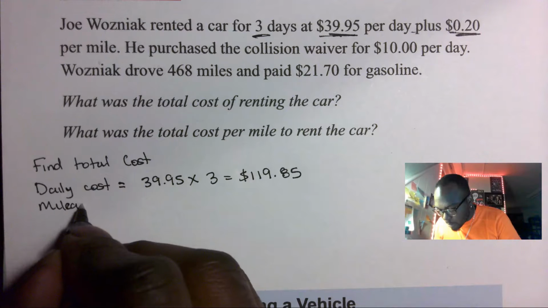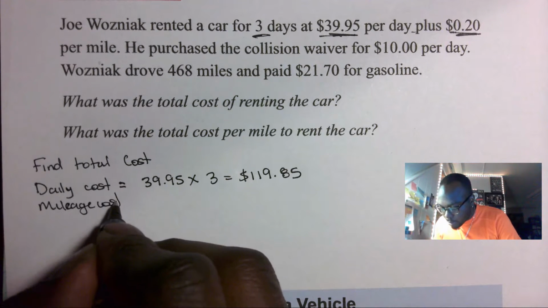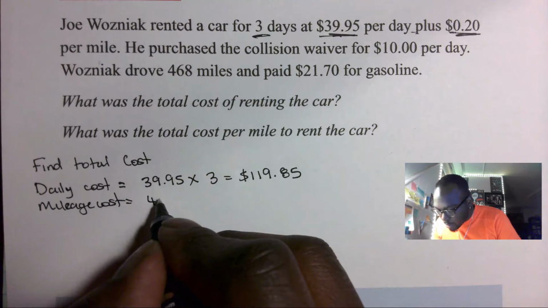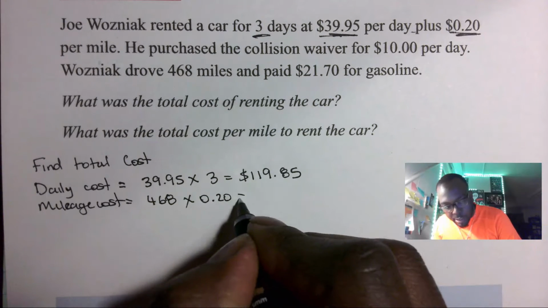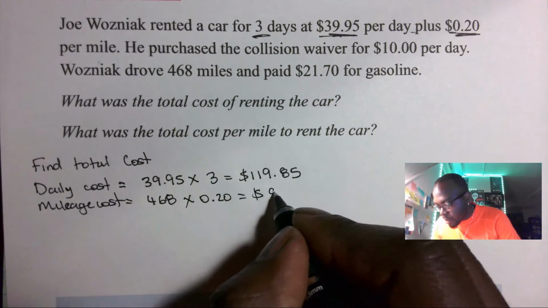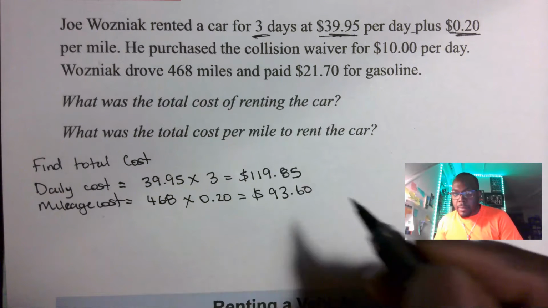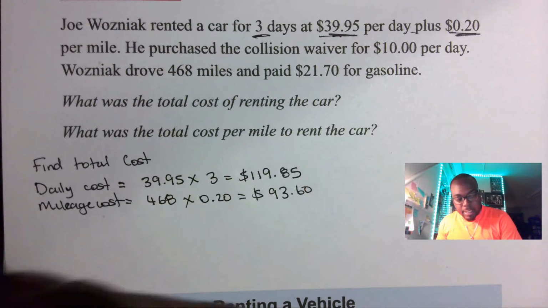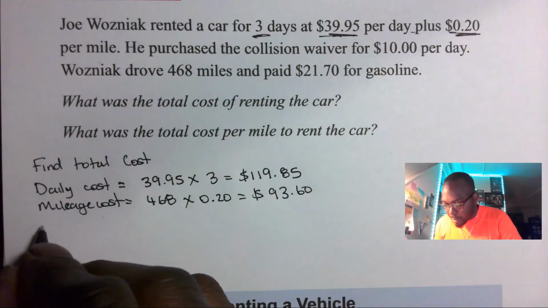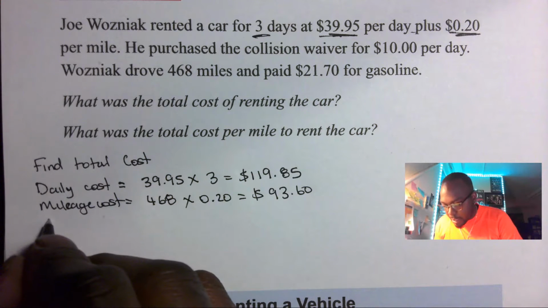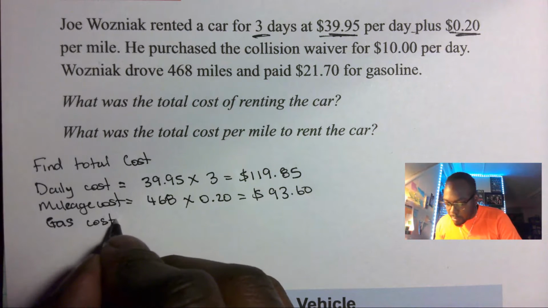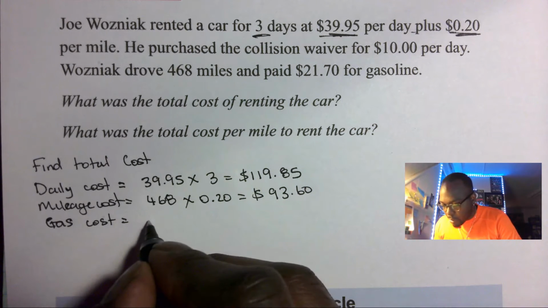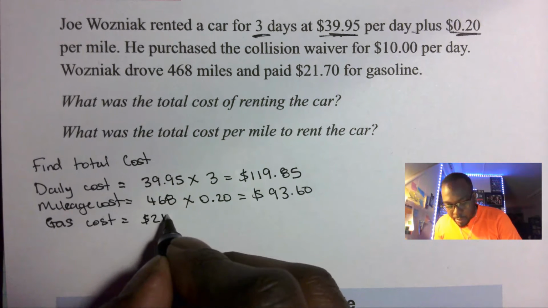Mileage cost is equal to 468 miles times 20 cents per mile, which is a total of 93.60. Then the next thing we have to factor in is gas. So gas cost is just 21.70.